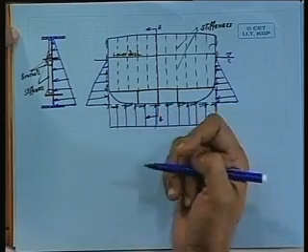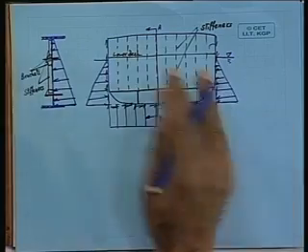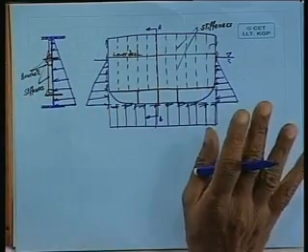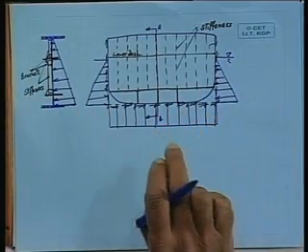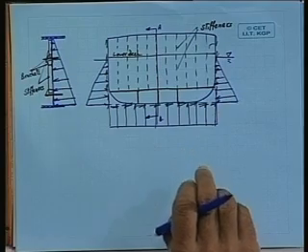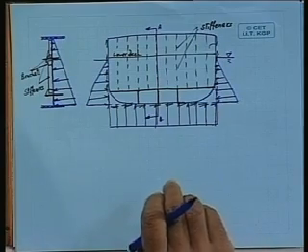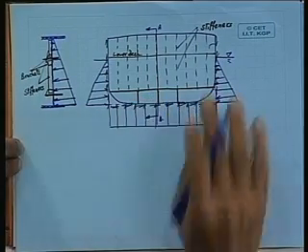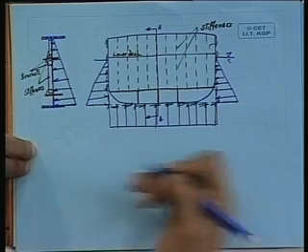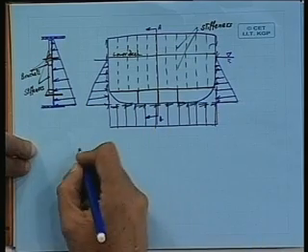But for the analysis sake, we can always consider it to be a perfectly rectangular plate and try to analyze the plate. Now, the methods of analysis can be listed like this.